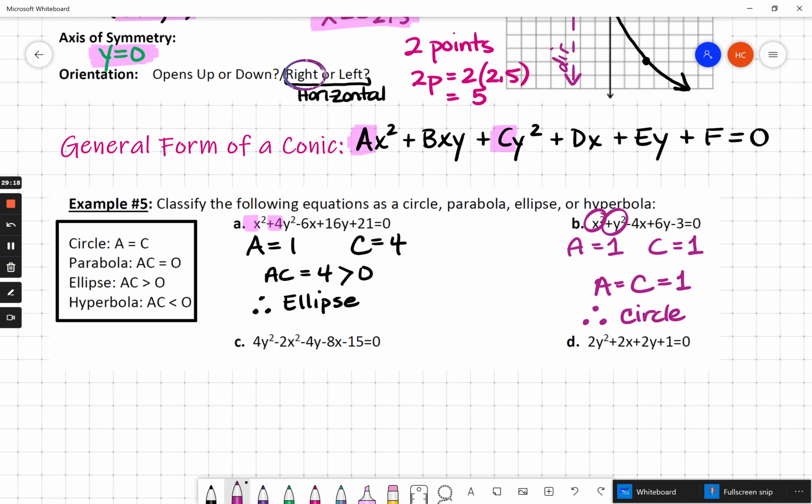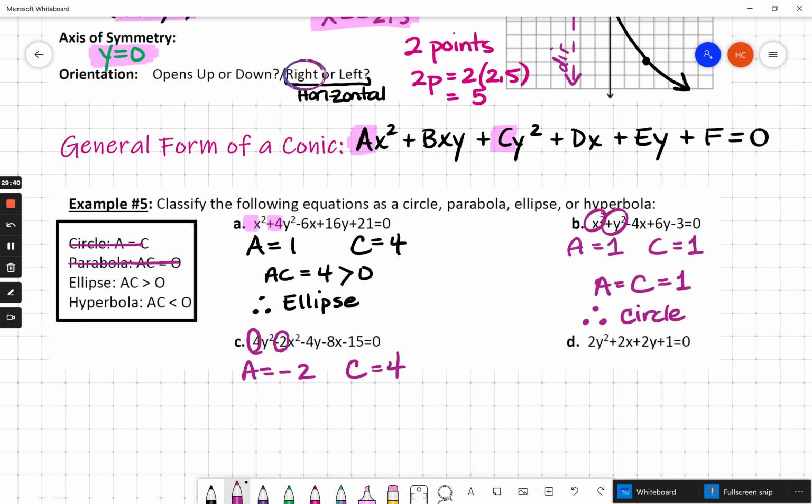On this next situation, our A value is going to be the negative 2 because it's in front of the x squared. Our C value is going to be the positive 4. Well, we know it's not equal to one another. They do not multiply to give 0.